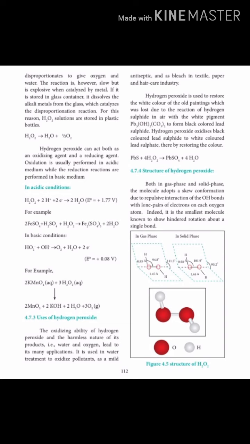Basic medium example: potassium permanganate. Acidic medium: ferrous sulfate plus sulfuric acid plus hydrogen peroxide reacts to give ferric sulfate plus water molecules.